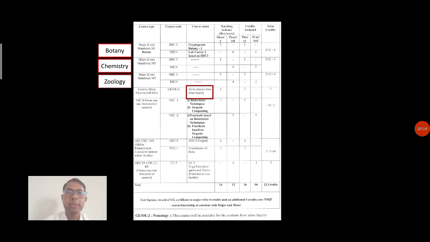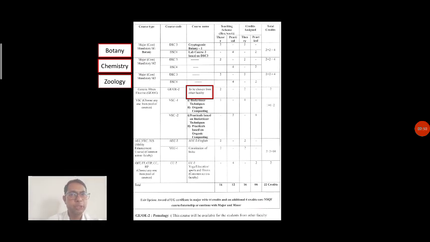So now we can say that the student has different subjects like botany, chemistry and zoology. From these subjects, M1, M2 and M3, three papers are to be allotted to the student. For these three papers, the student also has the allotment of three practicals. So three papers and three practicals.